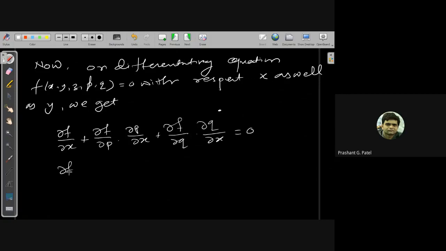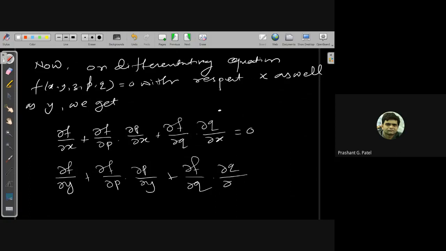And similarly we differentiate with respect to y. This is the equation we got; we do not need a number for it now, but afterwards we can have.